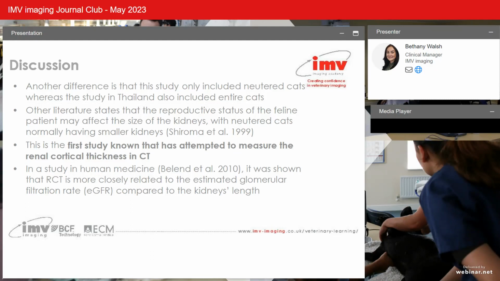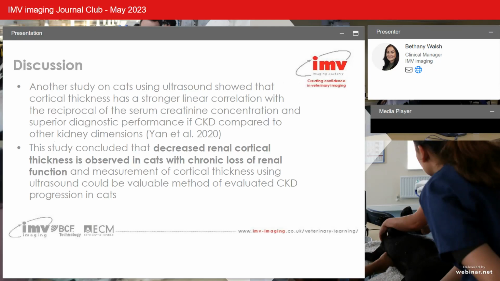In a study in human medicine, it was shown that the RCT is more closely related to the estimated glomerular filtration rate, eGFR, compared to the kidney length. Another study on cats using ultrasound showed that the cortical thickness has a stronger linear correlation with the reciprocal of the serum creatinine concentration and superior diagnostic performance for CKD compared to other kidney dimensions.